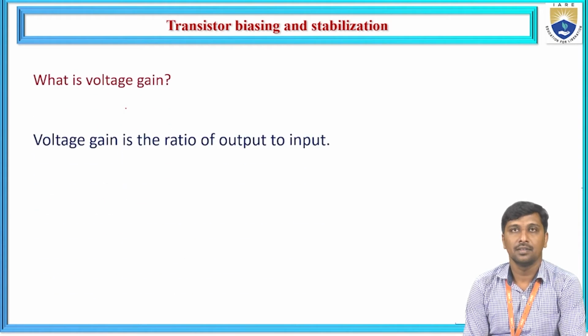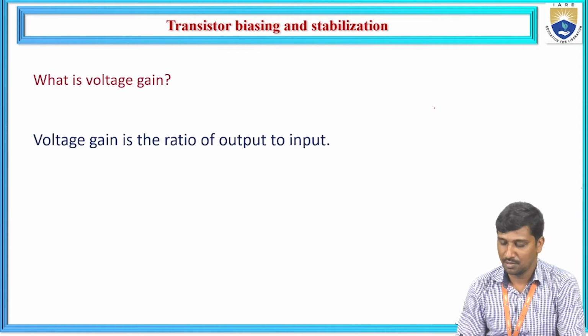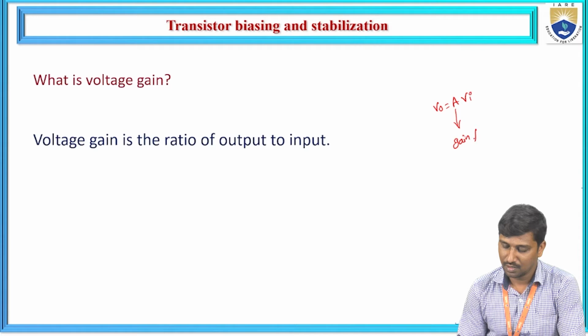Now, what is voltage gain? After transmitting the signal from one place to another place, we need to find out how much the input signal should be amplified. That should be measured in terms of the gain. Hence, the output voltage is represented as A times V, and here A is called the gain factor.